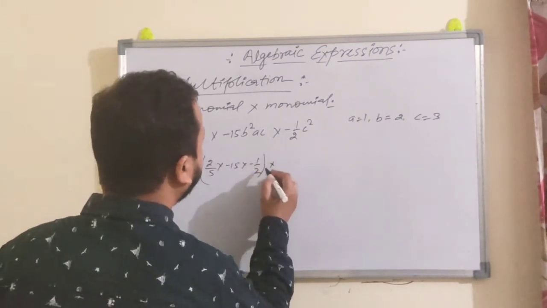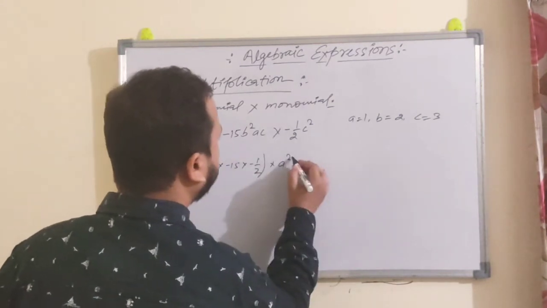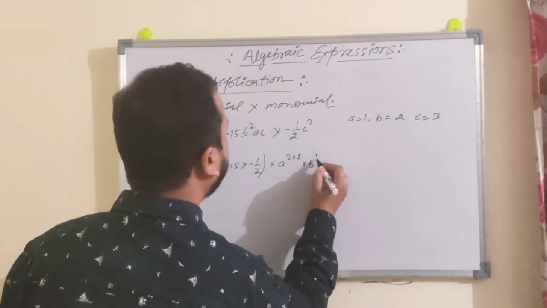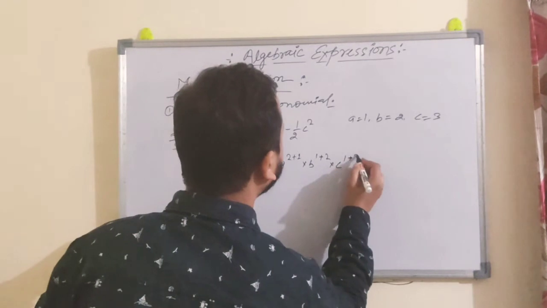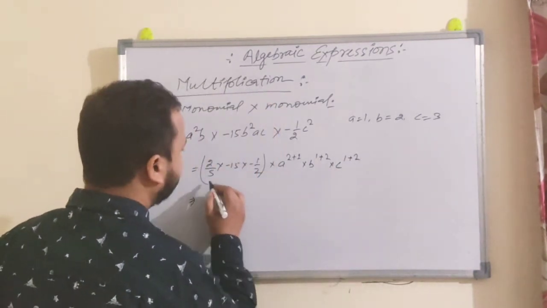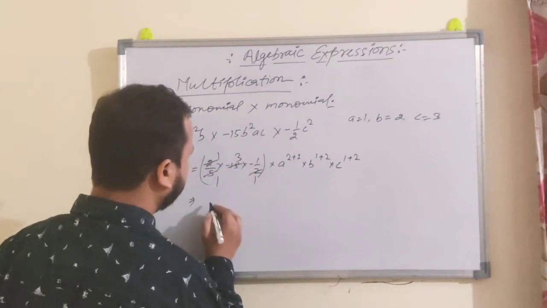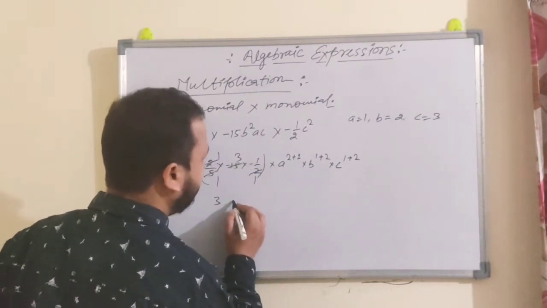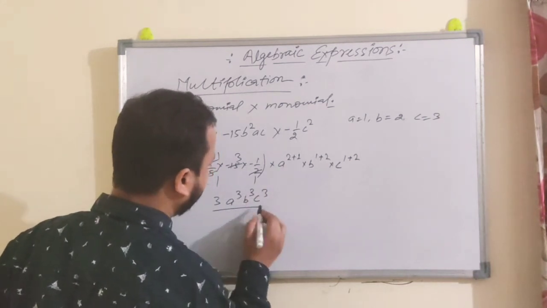These are the numeral values, and here a square, a power 2 plus 1, into b power 1 plus 2 and into c power 1 plus 2. So 5 1 ja, 5 3 ja, 2 1 ja, 2 1 ja. So here we are left with minus minus plus. So 3a cube b cube c cube.